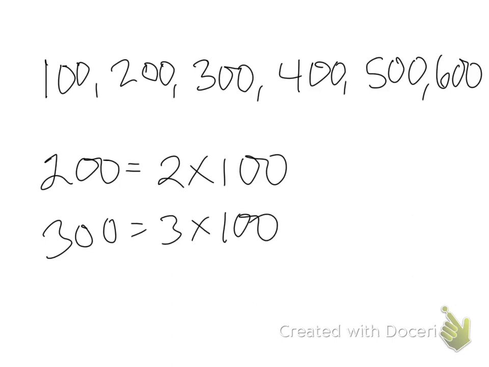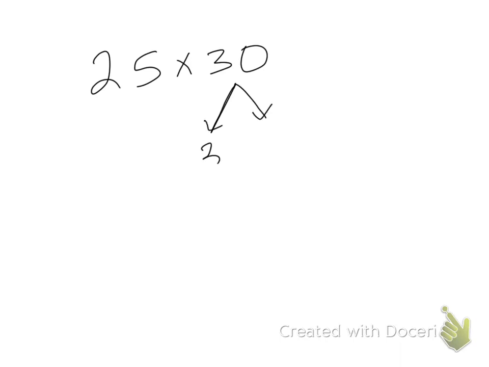All right. So what if I have the problem 25 times 30? What we could do is multiply the digits in front of the 0 and then multiply by 10. So for example, we can take this 30 and divide it into 3 times 10.